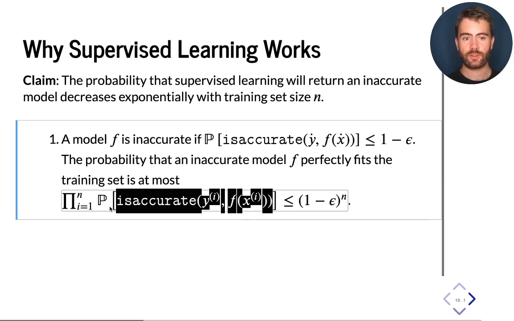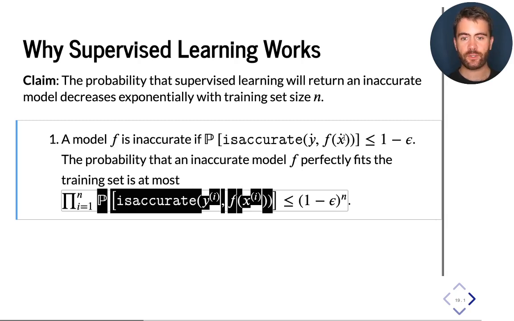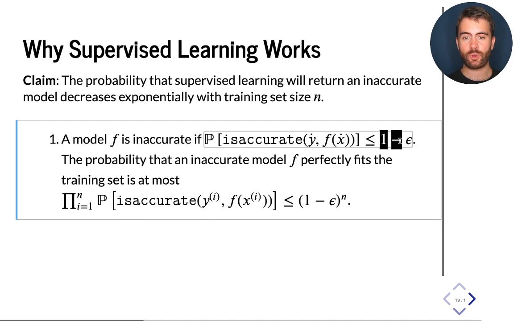And the only way this can happen is that, because each y_i and x_i is an IID sample from the training set, the probability that all of them are accurate is the product of these probabilities. And we know that since f is inaccurate, each of these is at most 1 minus epsilon. So the probability of this happening is at most (1 minus epsilon) to the power n.